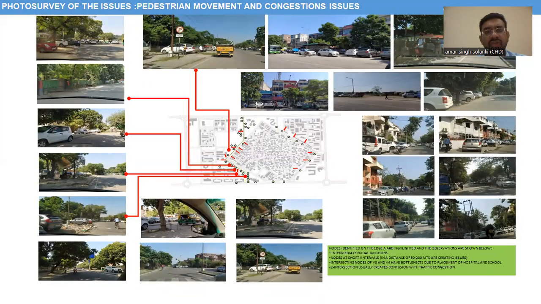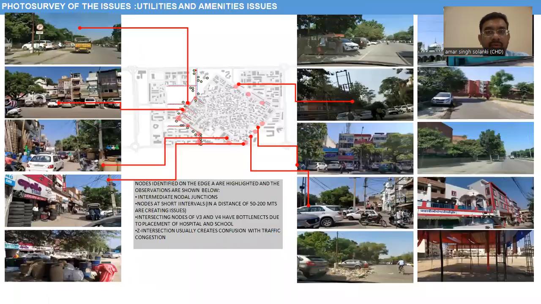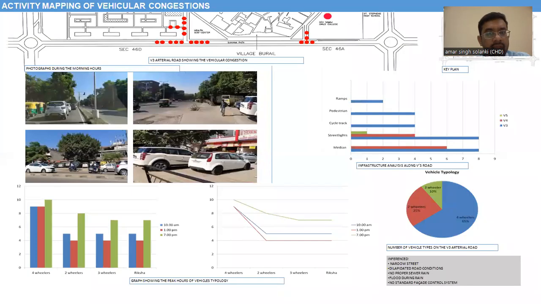We have done a photo survey of the issues to identify the issues pertaining to these paths and nodes and other elements, so that we can give remedies and solutions for these issues with respect to imageability of the city. After that, we have done activity mapping to identify the zones, to identify the configuration of nodes, how the nodes are functioning and what kind of issues people are facing at the nodes.